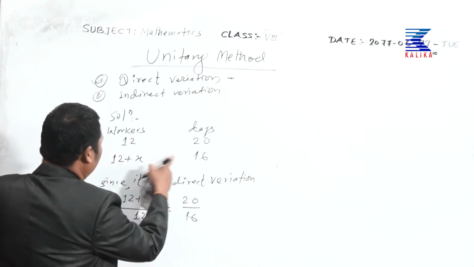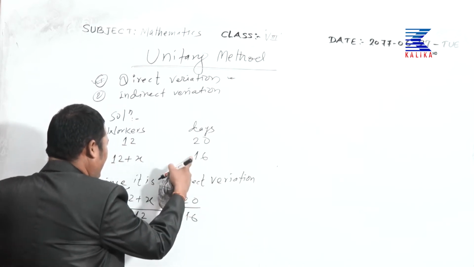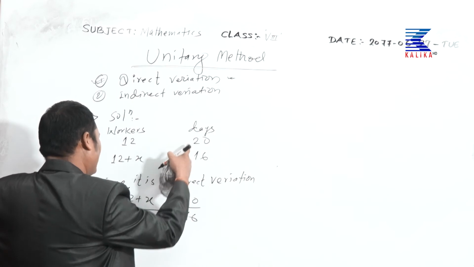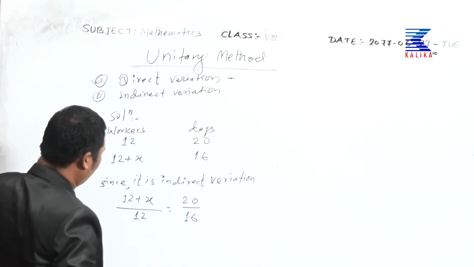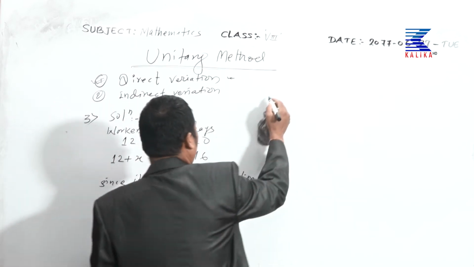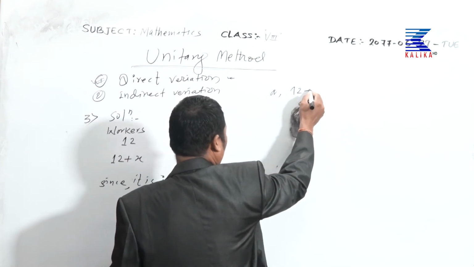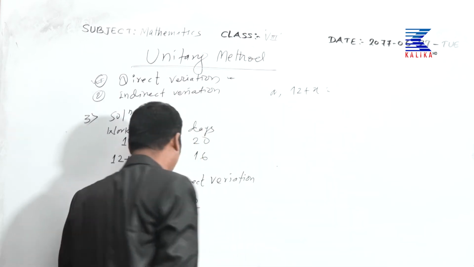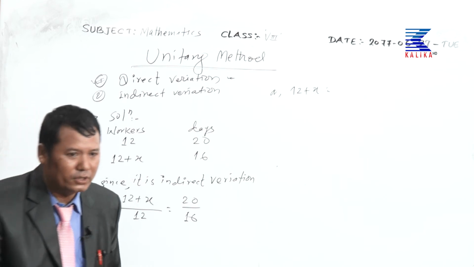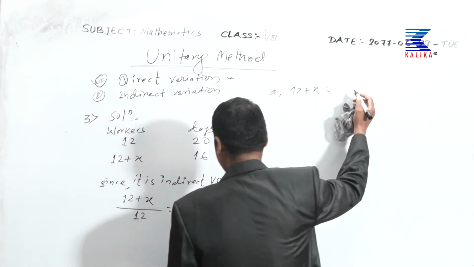If it is direct, it stays as is; if inverse, then cross 20 upon 16. Then cross multiply.